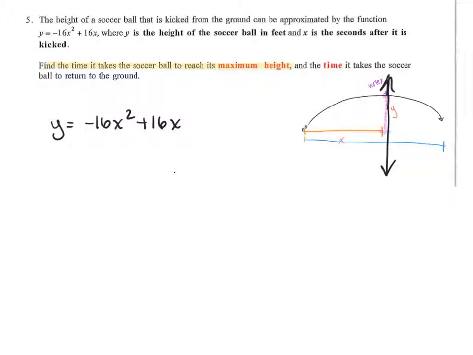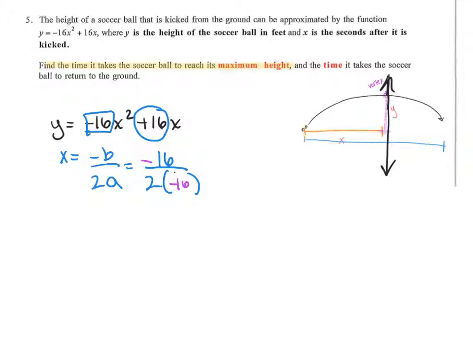And the axis of symmetry is found by using the equation x equals negative b over 2a, where in this case b is positive 16, so it's negative 16 over 2 times a, and a is negative 16. And I get negative 16 over negative 32, which gives me positive 1/2. This is telling me that it takes half of a second to get to the maximum height.